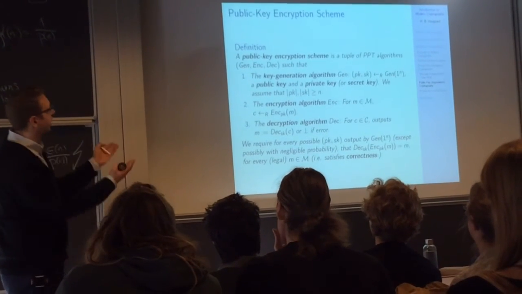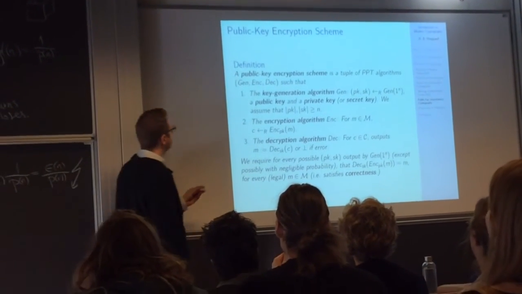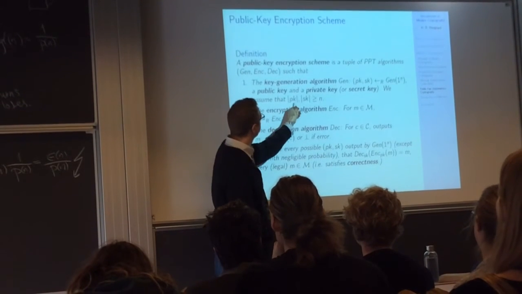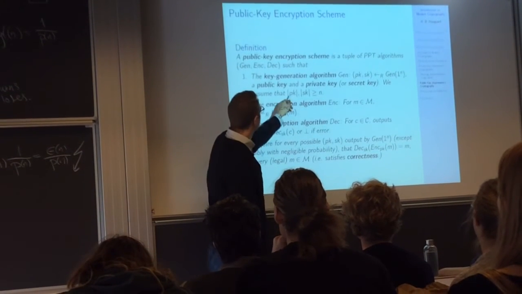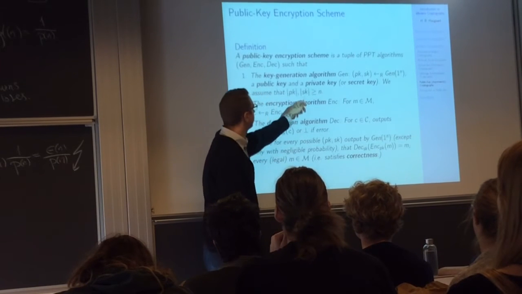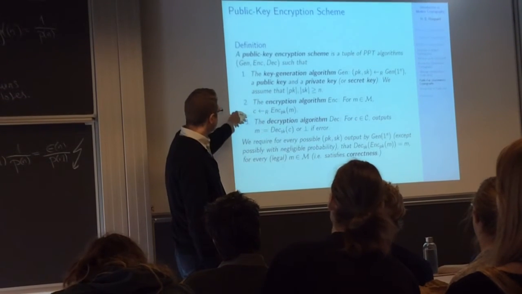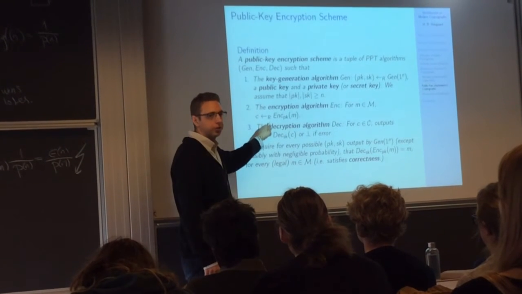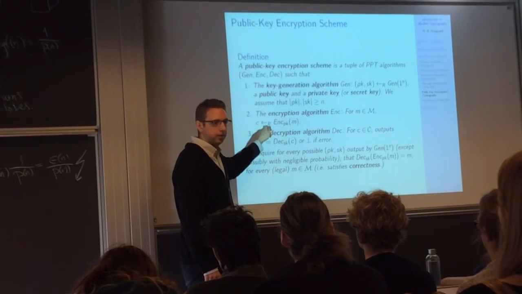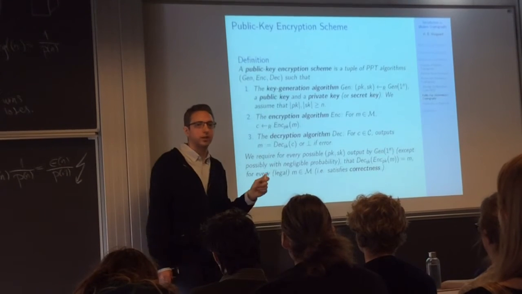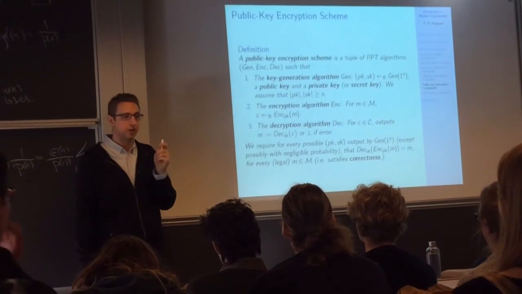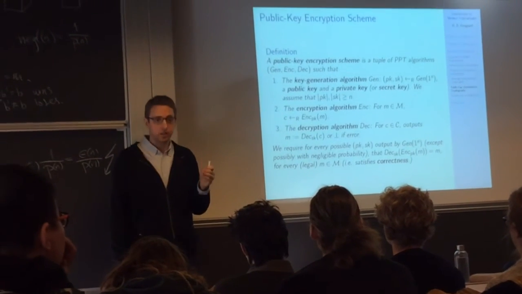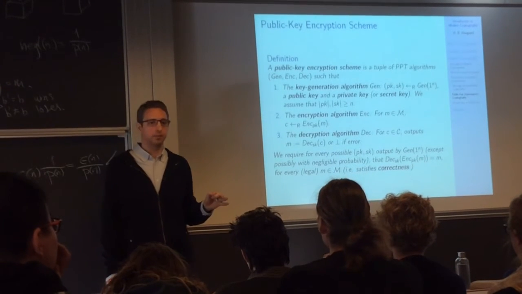Okay, so we have, again, kind of the same definition of everything, but here we have two keys, the public key and the private key, or secret key. The encryption algorithm follows the same way, but I want to make sure you notice that there's randomness, because it's actually been proven that if it's not randomized, if it's deterministic, you can easily break it.